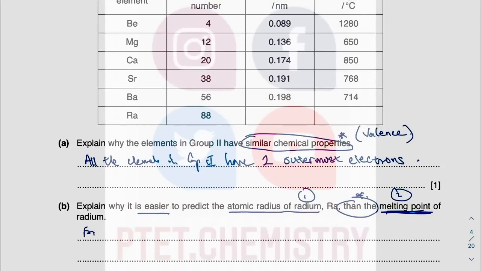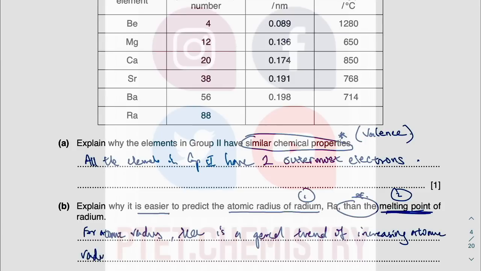For atomic radius, there is a general trend of increasing atomic radius down group 2, but for melting point, we can see it decreases from beryllium to magnesium, and then it increases again, and then it increases again down the group.